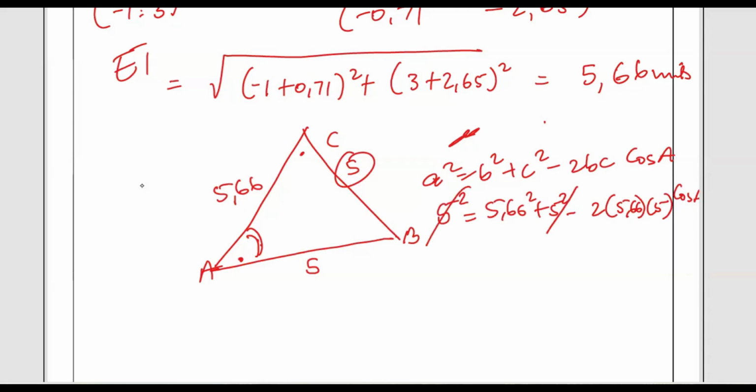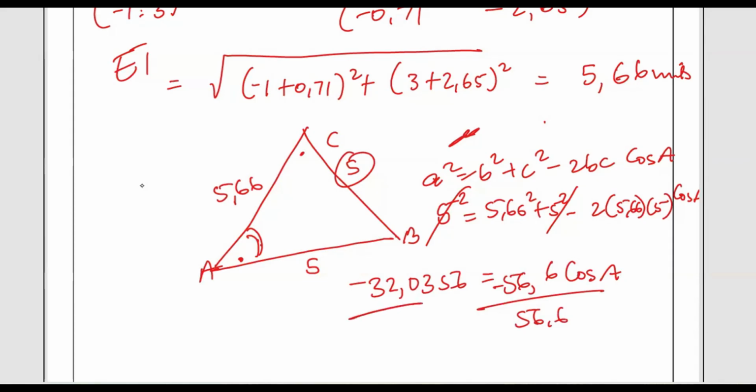I'm going to move the 5.66 squared to that side, so it becomes negative 32.0356 is equal to 2 times 5.66 times 5, which becomes negative 56.6 cos of A. It's negative 56.6 over negative 56.6.